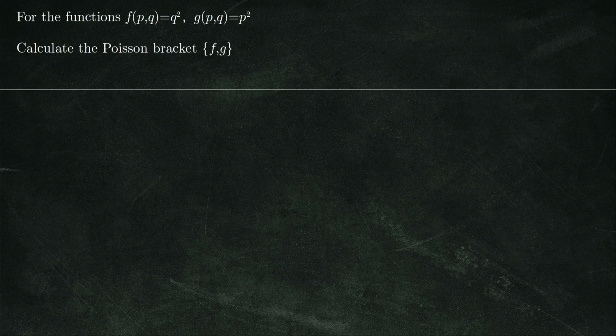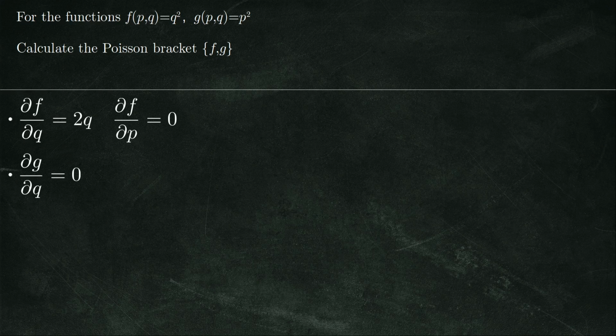We're now going to look at some examples for Poisson brackets. So before we can calculate the Poisson brackets, we're firstly going to need to calculate all the partial derivatives. So we start off with df by dq, and that's 2q, df by dp, and that's 0, dg by dq is 0, and dg by dp is 2p.